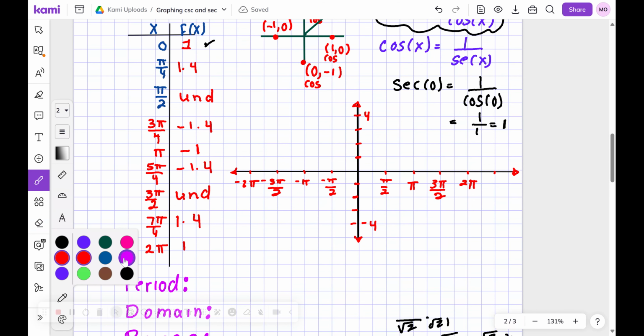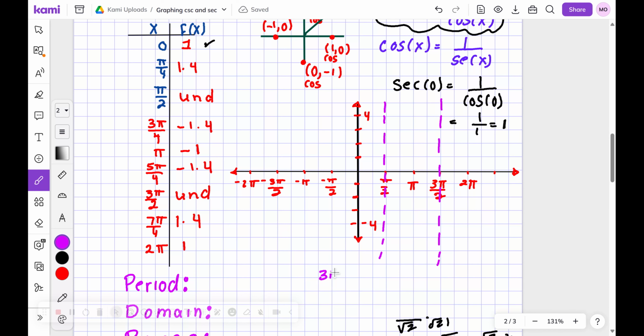So my graph is undefined at pi over 2, 3 pi over 2. That's it, right? So find the distance. So 3 pi over 2 minus pi over 2.